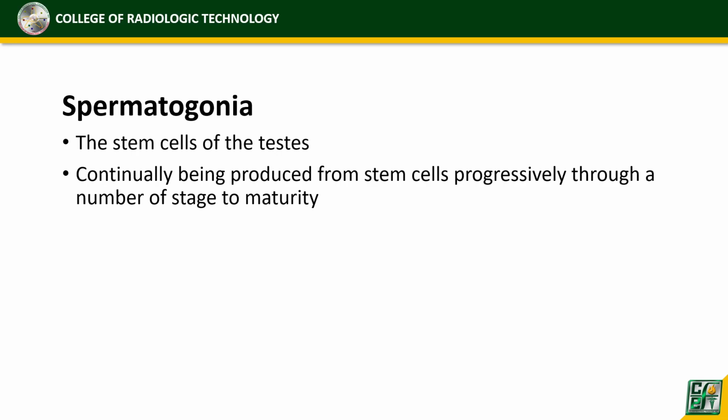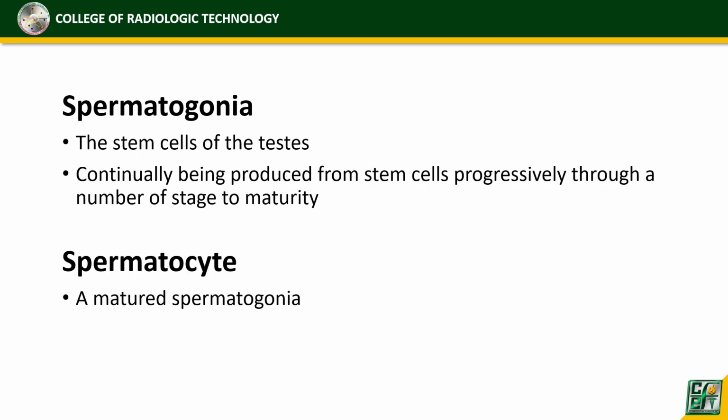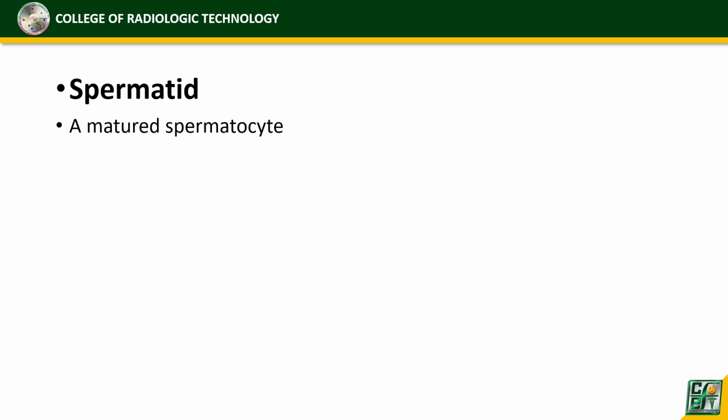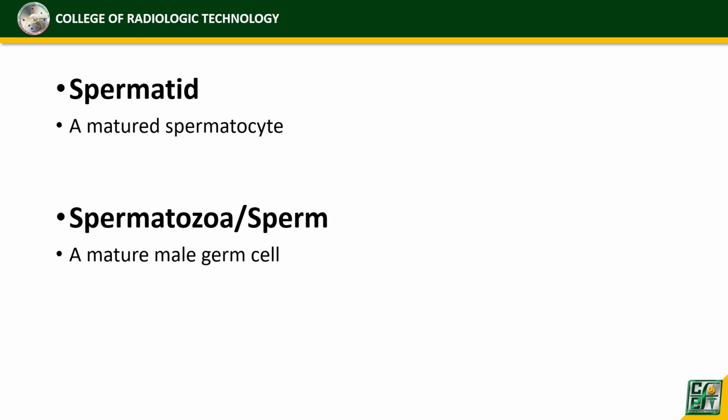So stem cells of the testis are continually being produced, progressing through a number of stages to maturity. Then spermatocyte is a mature spermatogonia. Spermatid is a mature spermatocyte. And spermatozoa or sperm is a mature male germ cell. Okay? So malinaw naman yung mga definition niya. So maturation, 3 to 5 weeks.